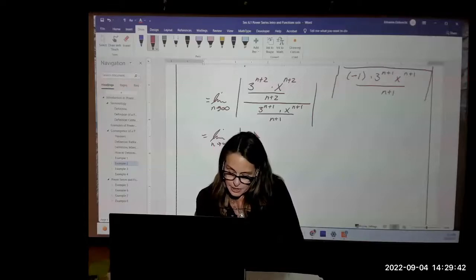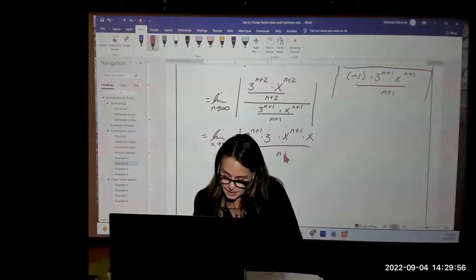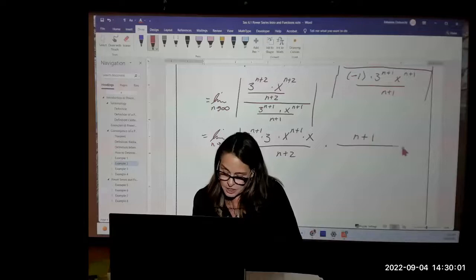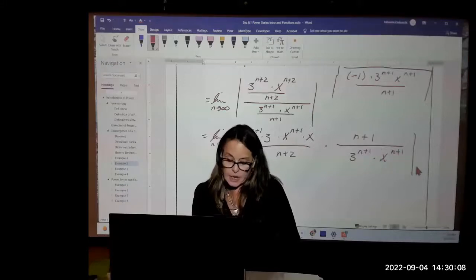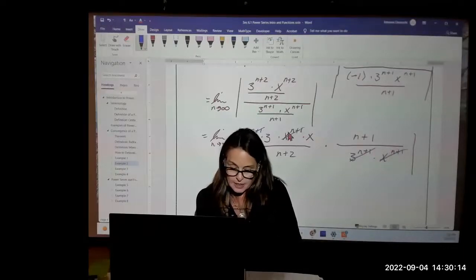So I've got 3 to the n plus 1 times 3, that gives me 3 to the n plus 2, times x to the n plus 1 times x, that gives me x to the n plus 2, all divided by n plus 2, multiplied by the reciprocal of the denominator, which is n plus 1 over 3 to the n plus 1 times x to the n plus 1. Now, when I do that, the 3 to the n plus 1s will cancel, the x to the n plus 1s cancel.